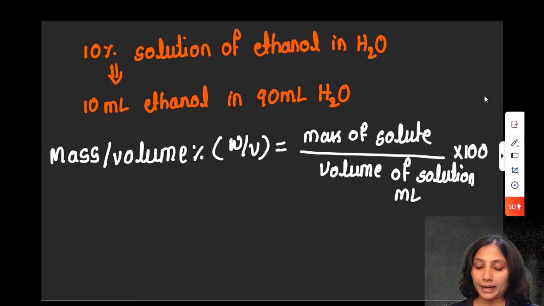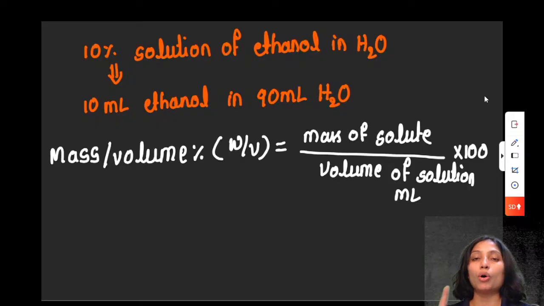If it is given like 10% mass by volume of glucose, that indicates 10 gram of glucose is present in 100 ml solution. So this is how we define mass by volume percentage.